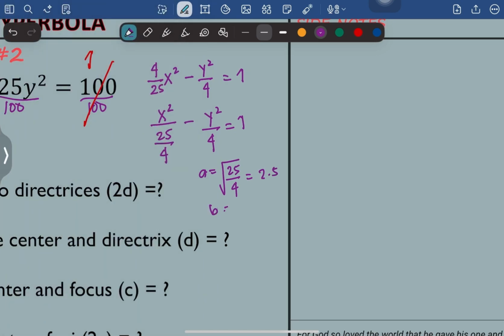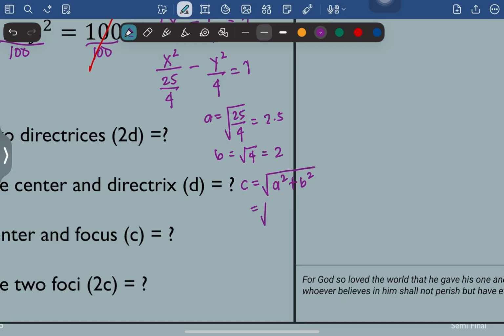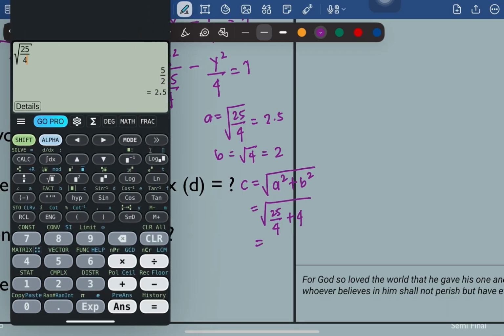Then b is square root of 4 equals 2. Then to determine the c, get the square root of a squared plus b squared. Square root of 25 over 4 plus 4 is what? 25 over 4 plus 4 is 3.202 units.